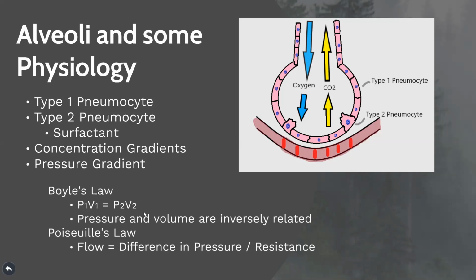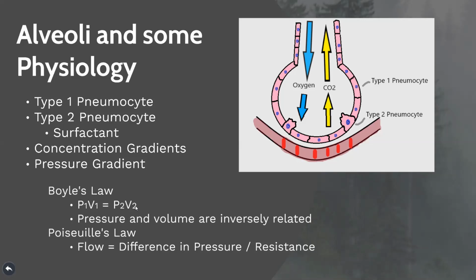So if we make our lungs bigger, right? If we expand them and make them bigger by using our muscles, then the volume is going to increase. That means that the pressure in our lungs decreases. That's because of Boyle's law, right?